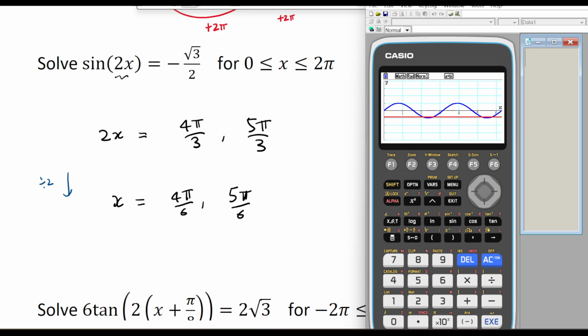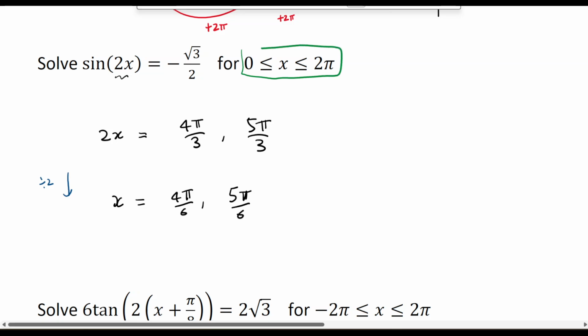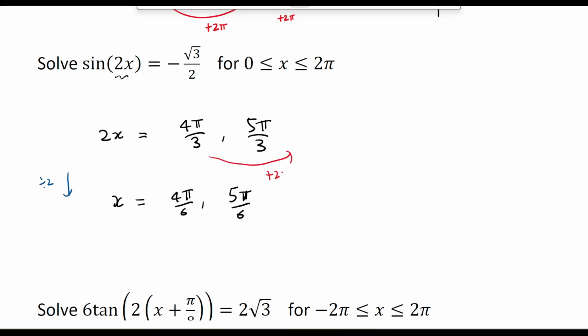So what went wrong? Well, this is what went wrong. Yes, x goes from 0 to 2 pi. And if I try and get my next answer across here by adding on 2 pi, I would get, let's see, 2 pi is the same as 6 pi over 3, if you want. So that would be 10 pi over 3.